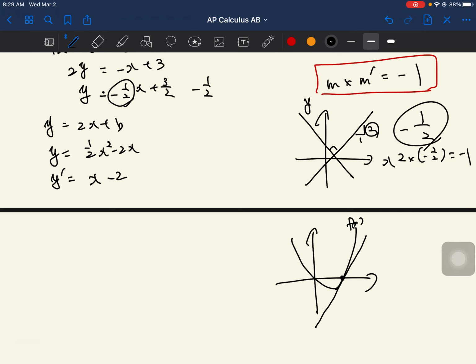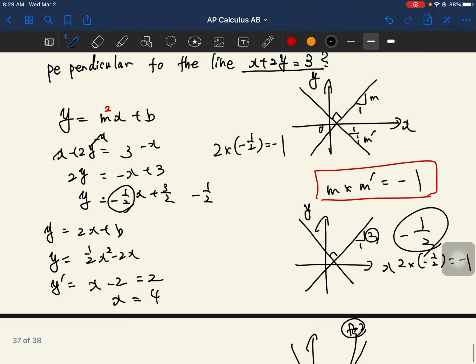To find this one, I just found the derivative of this one, because if you put 2 here, you can know at which point this function has a tangent slope of 2. So x equals 4.